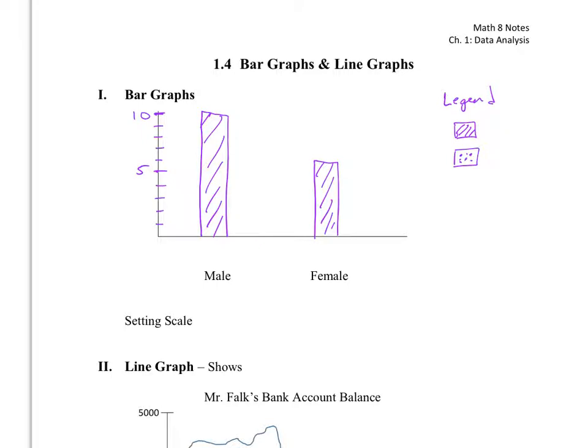This one here would represent students, and maybe our other one could represent teachers. So we have in this room one male teacher, so you do your polka dots on that one. You could shade differently. You could shade one, not shade the other. That's called a double bar graph. It's got 2 sets of data on the same bar graph.